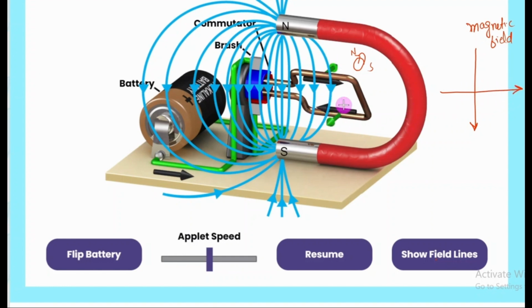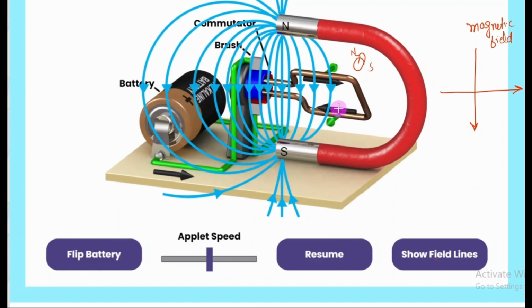Similarly, we have the force exerted on this conductor, which is represented by this green colored arrow, and that is perpendicular to the magnetic field. Here the magnetic field is in this direction, and this is away from our screen.